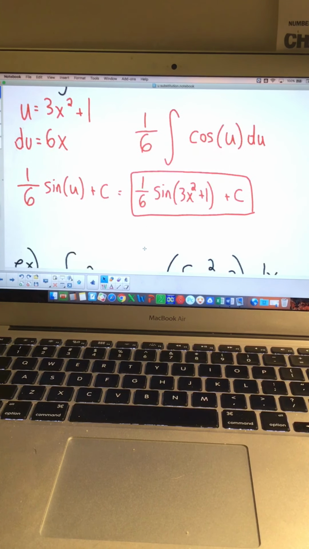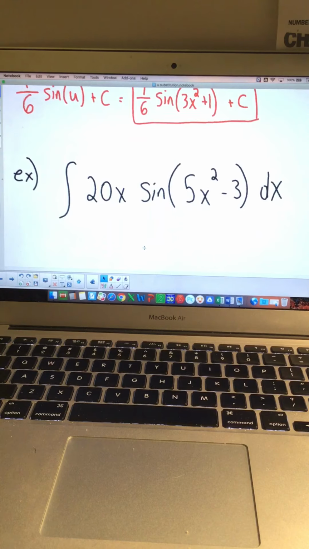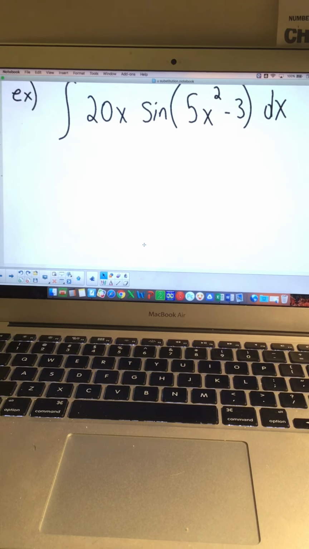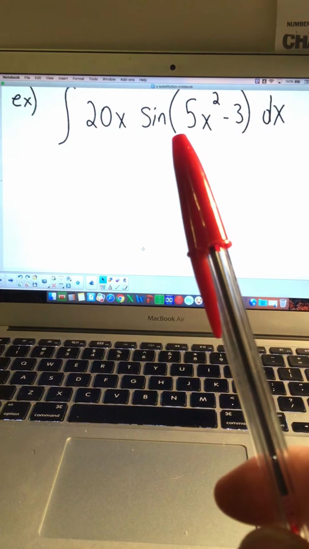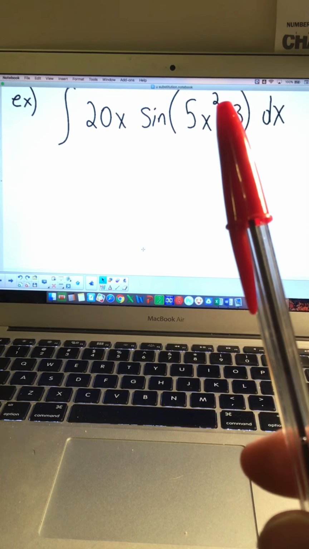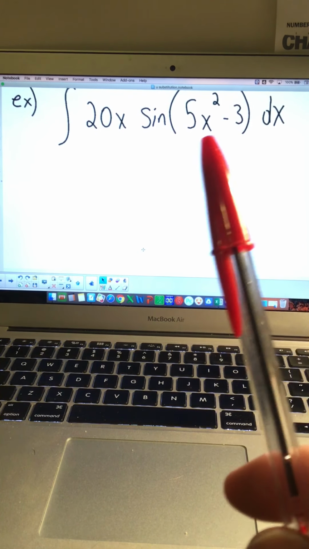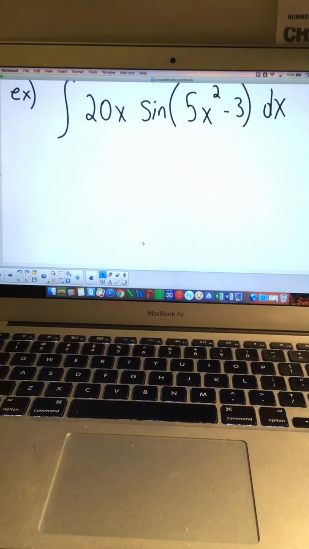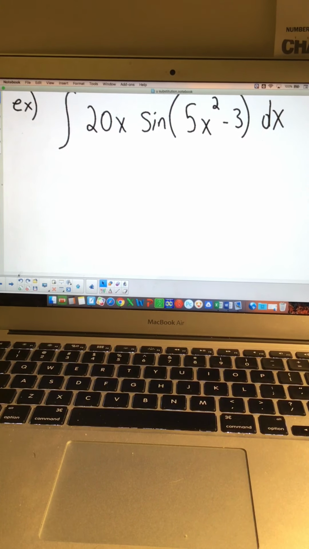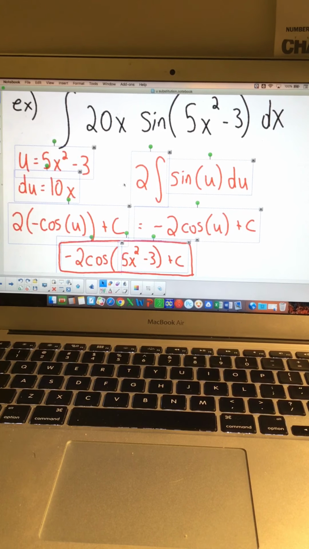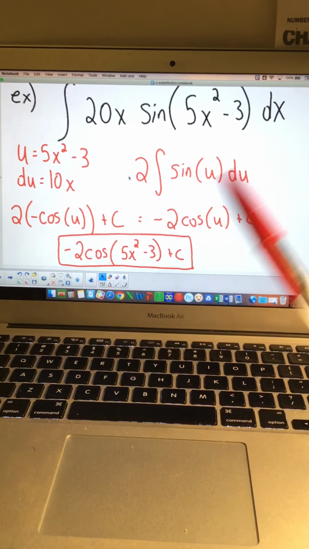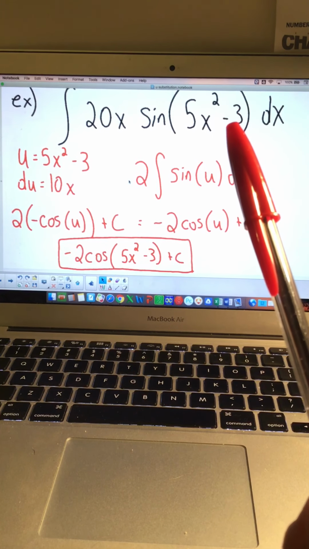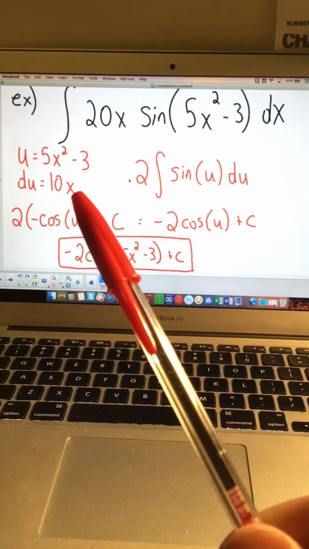Here we go. Let's look at another. Same thing. I'm throwing trig functions at you, but it's the same for everything. Quantity, u, du. Here we go. u is the 5x squared minus 3. du is 10x.